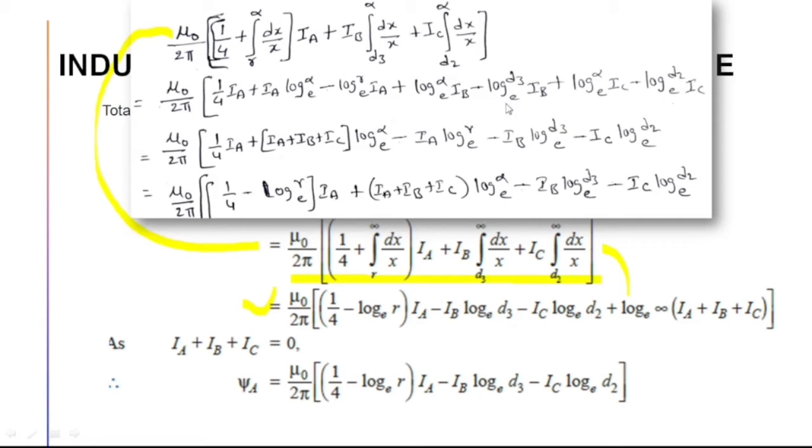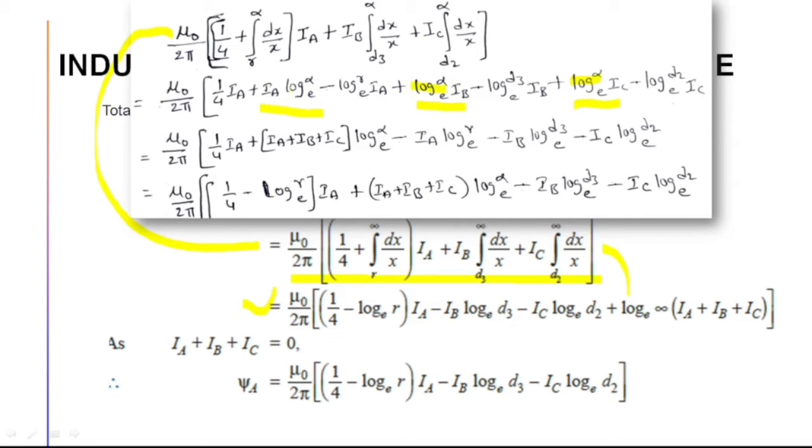For further simplification, in this expression we have the terms IA log infinity base e, IB log infinity base e, and IC log infinity base e. The common term is log infinity base e.